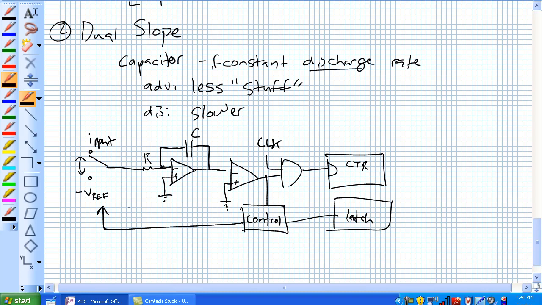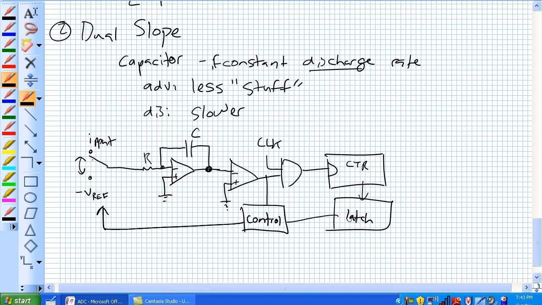Okay, so we are starting off with that guy connected, that guy right there at 0, saying nothing's there. The counter has nothing in it. Everything's all reset.